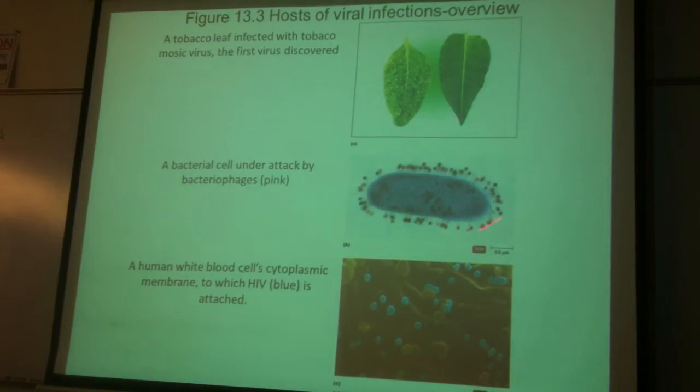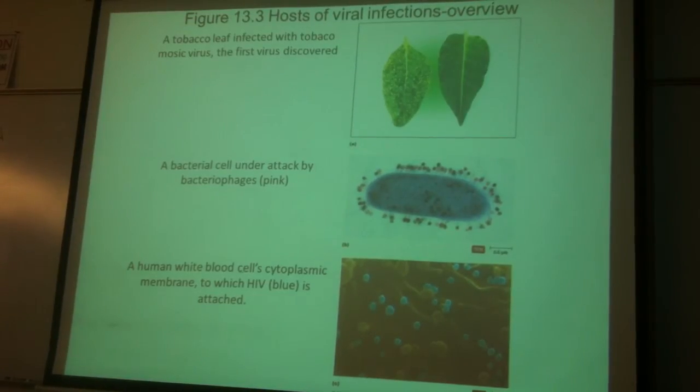This was a cute little picture of a bacteria cell. It has bacteriophages, which is not as fun. It's a ton of little bacteriophages, and you can see that they all come around and start shooting their information inside of the cell. Versus a human white blood cell, which has a bunch of HIV attached to it.